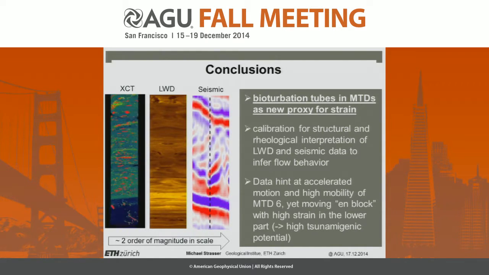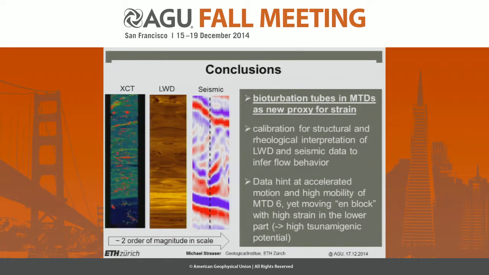But from this knowledge from core, we can learn more about the seismic scale. And I guess that's my conclusion here, that we actually do have these bioturbation tubes in MTDs that we can use as a new proxy of strain, and we can develop techniques now that allow us to calibrate the structural and rheological interpretation on seismic data scale.